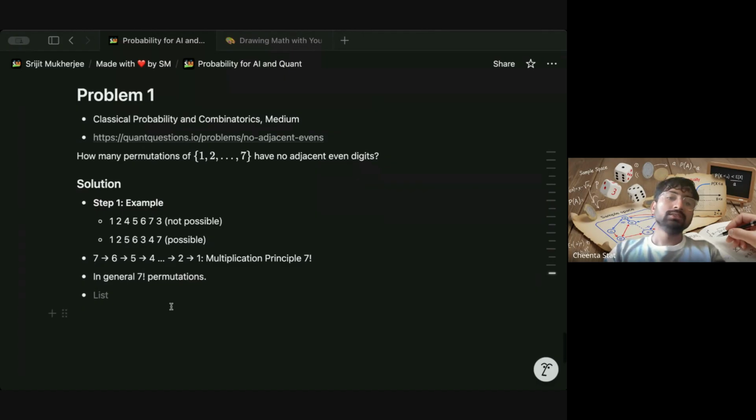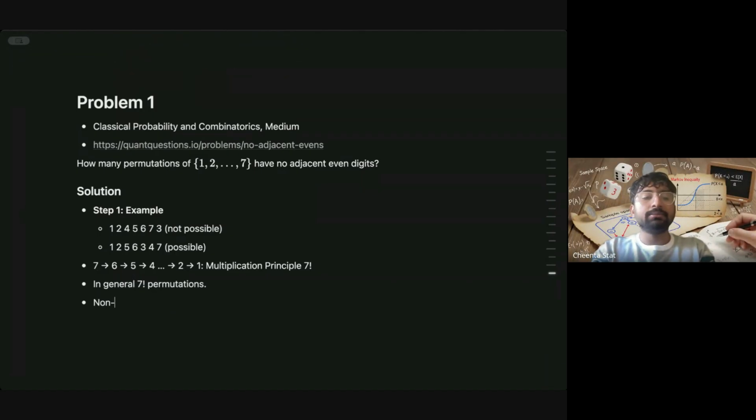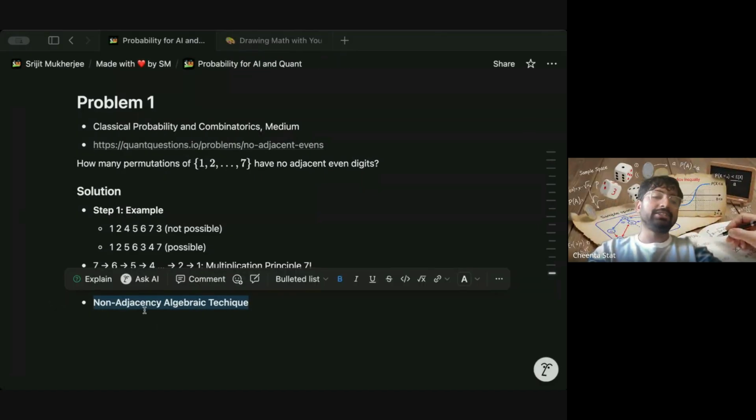Okay, so the question is that we have no adjacent even digits. So somehow we have to choose where the even digits will sit. This is a very important technique, called the non-adjacency algebraic technique, and it should come naturally to you.